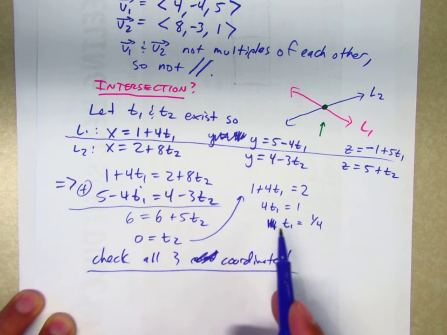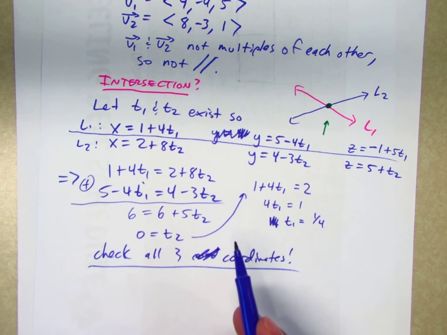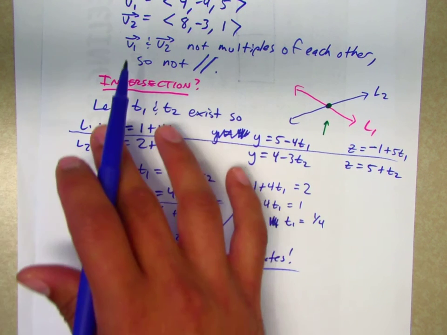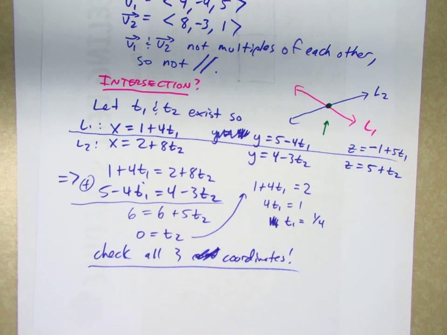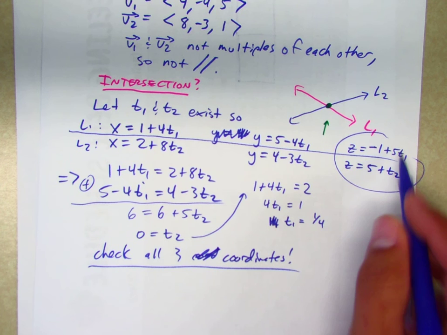Okay, so if I take T1 and T2, I know that the x and y's are going to match. Everybody agree with that? Because that's the way I set it up. Unless I screwed up, I know these two will match. The issue is going to be over here.